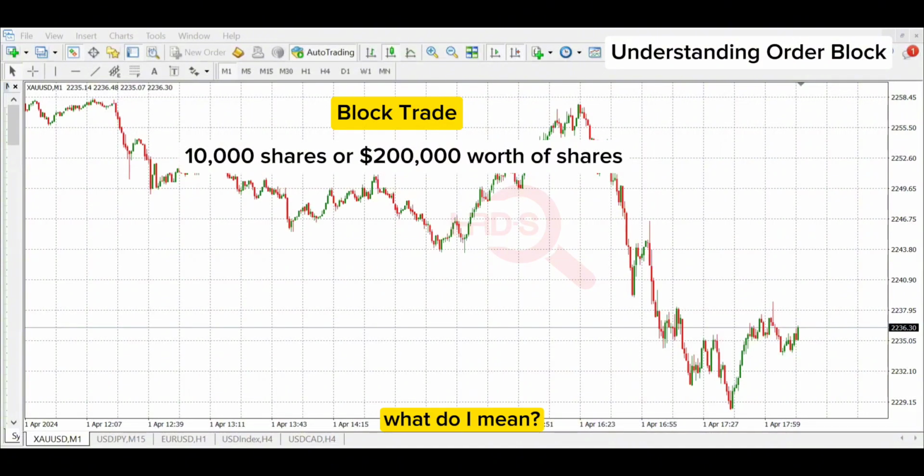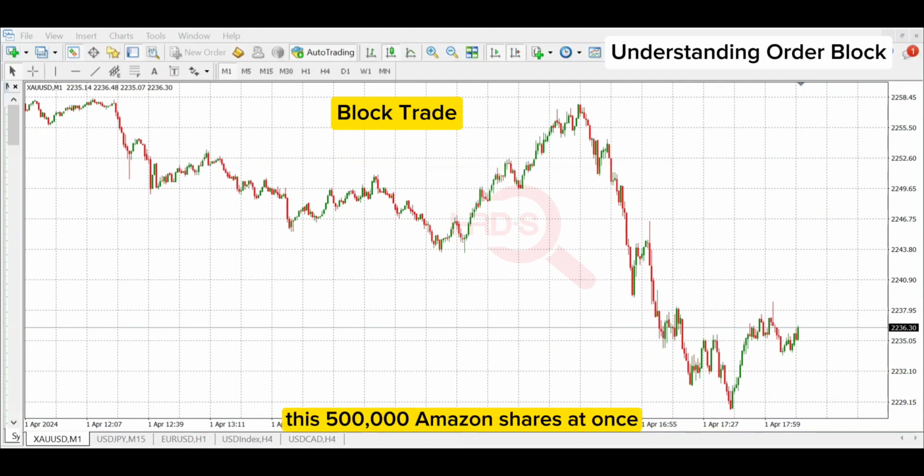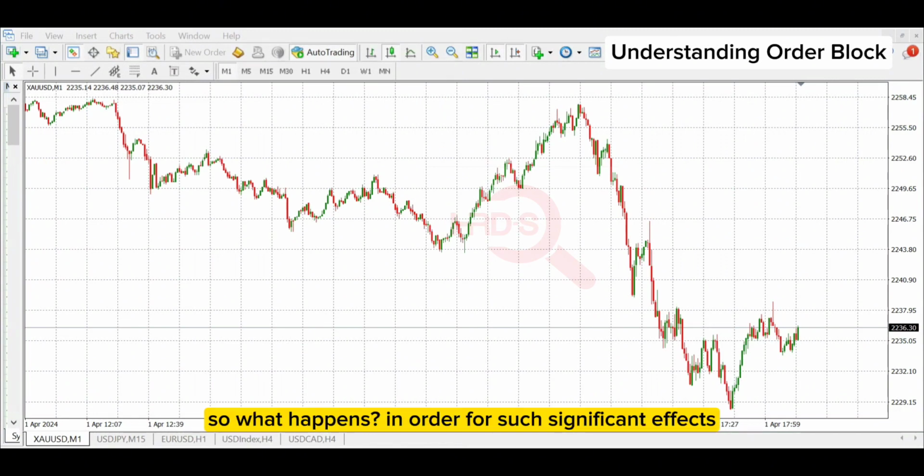What do I mean? Let's say an investor wants to sell 500,000 worth of Amazon shares. If this investor sells these 500,000 Amazon shares at once, it is going to have a significant effect in the market. So what happens?